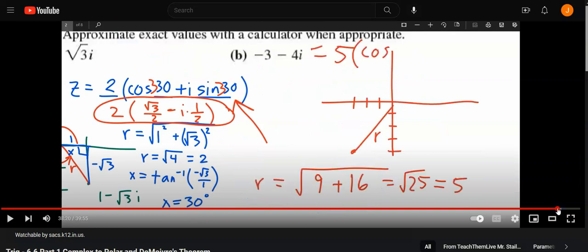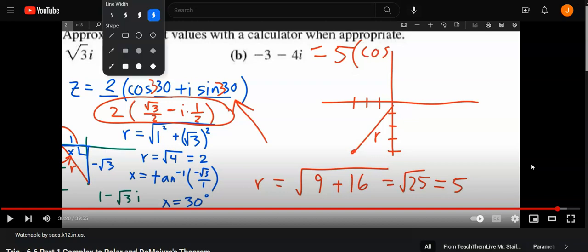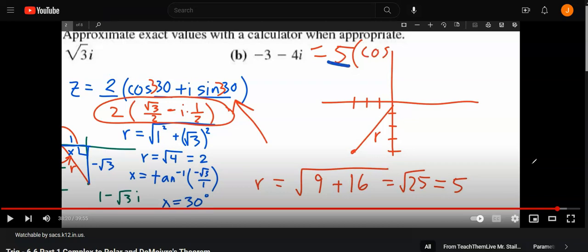Like I said, let's see if we do this one right. Okay, we've got -3, -4. All right, I like that. A little Pythagorean identity, 9 plus 16, radical 25, also known as 5. That's the radius that goes on the front. We need to figure out the angle, tangent inverse of opposite over adjacent.